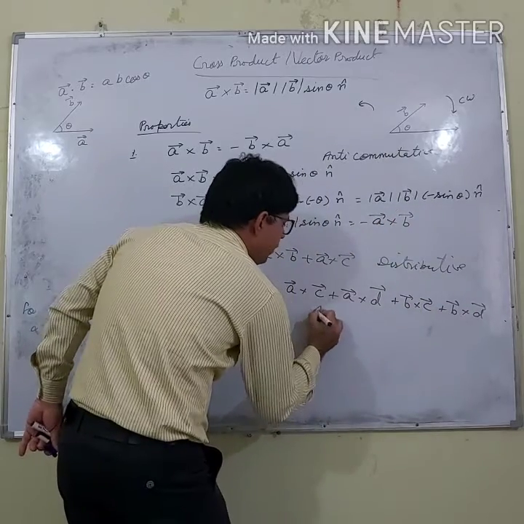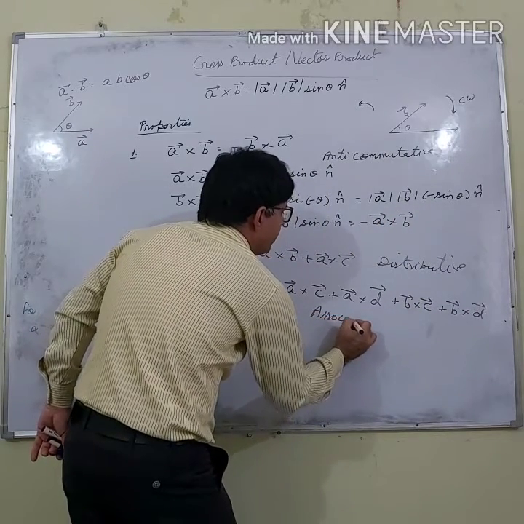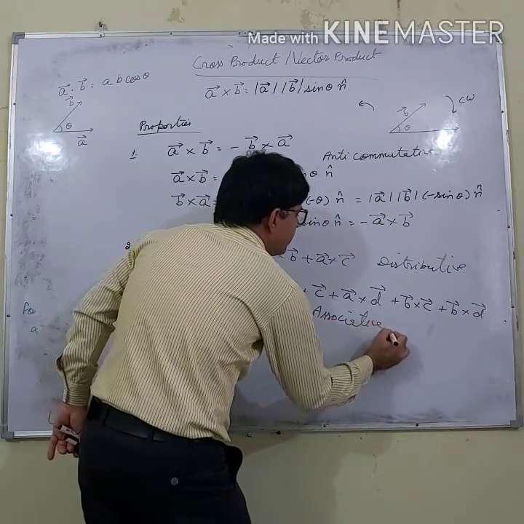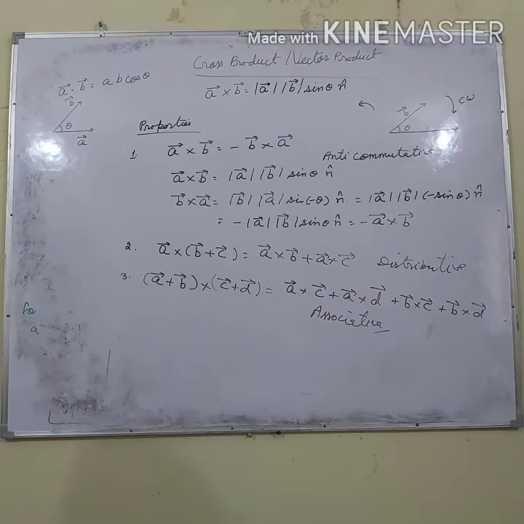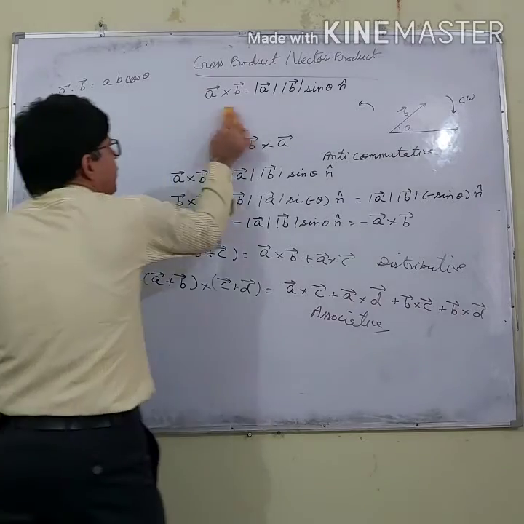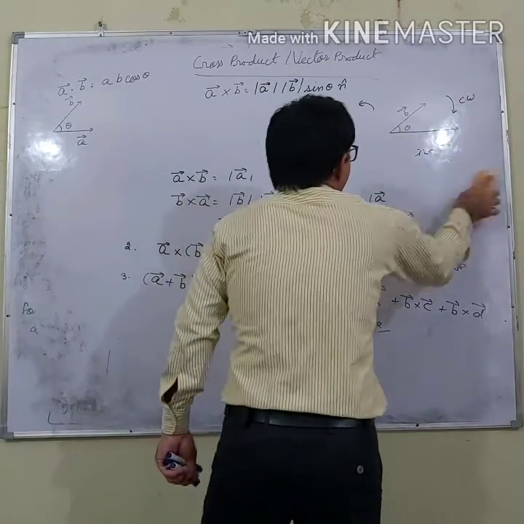It means that the cross product is associative, right? The next property, I think these are very simple. Let's move to the next property.